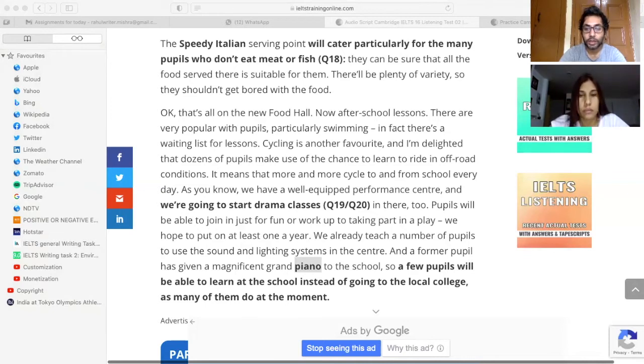Then the last option for extra learning is only the piano, right? So 19 and 20 are acting and piano, B and C. Okay, B and C. 21.